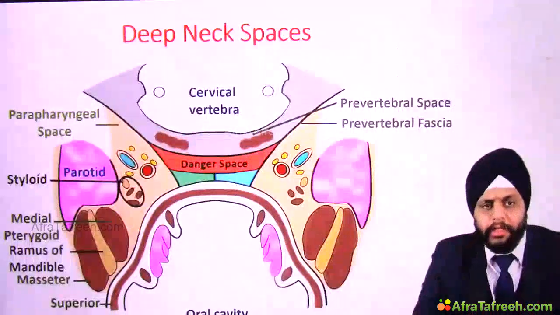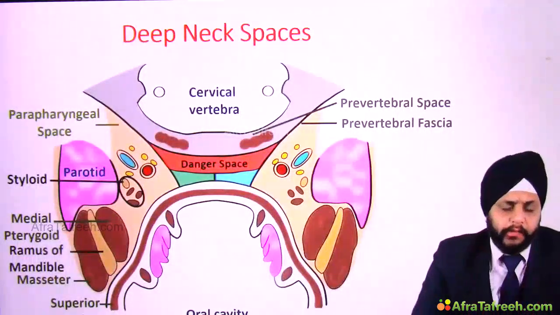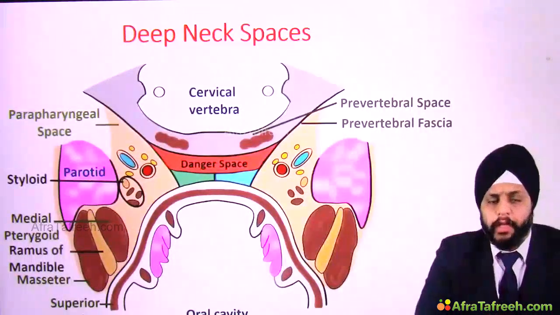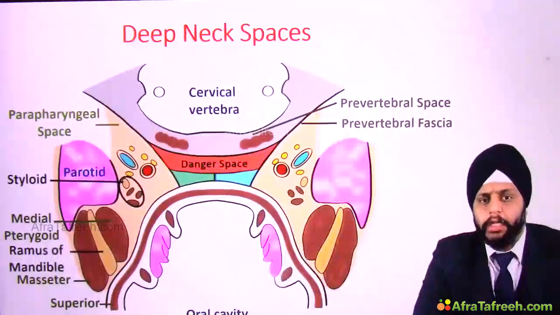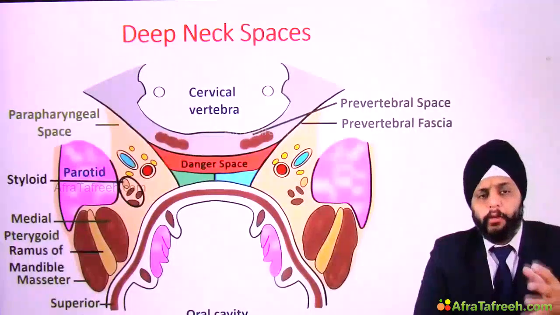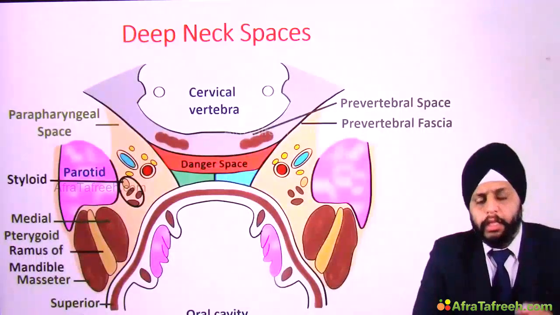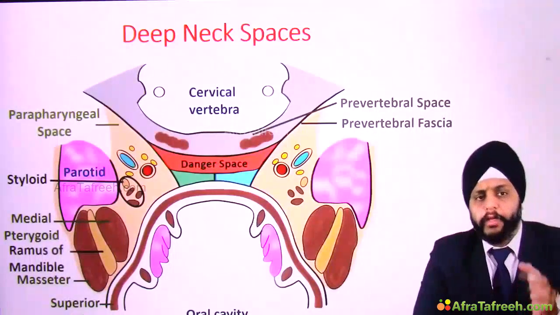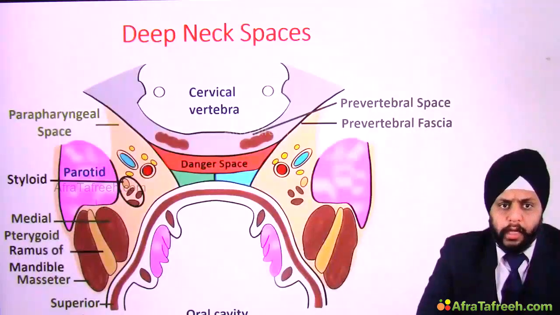Since we are discussing this space, let's remember that the lateral boundary of the parapharyngeal space is formed by the deep lobe of the parotid gland. So if there is a parotid gland tumor of the deep lobe, where will that tumor grow? Let's say there is a parotid gland tumor over here.